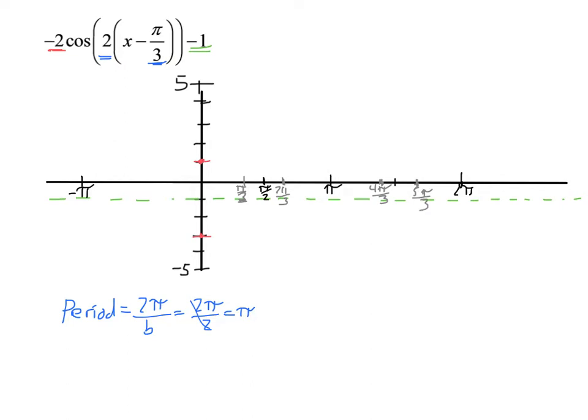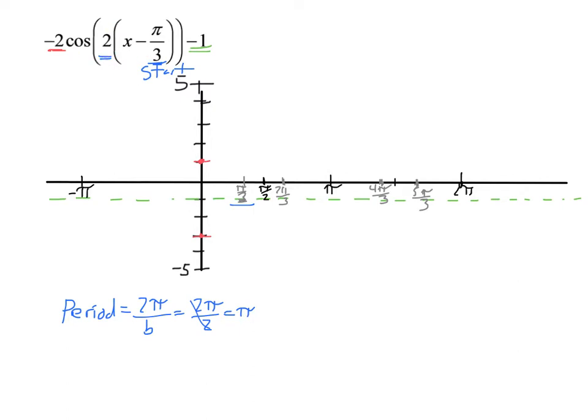Okay, so that pi over 3 there, this is a cosine wave. At this starting point, we're going to be starting here. I think we can label that. That's going to be our start. When I put in pi over 3 in here, I get pi over 3 minus pi over 3, which is 0. 0 times 2 is 0, and the cosine of 0.